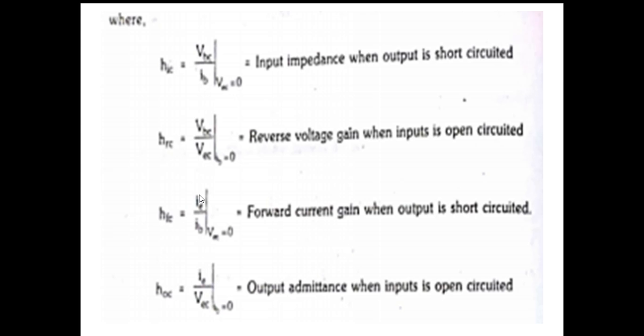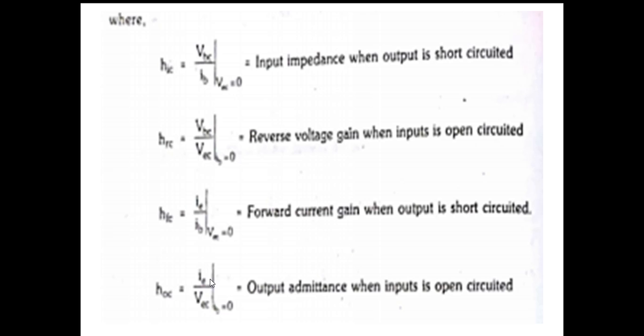HOC, next one, fourth one. HOC, output admittance, when the input is open circuited. When input is open, then input current must be 0, that is IB is equal to 0. If IB is equal to 0, HOC is equal to IO by VO, that is output current IE by output voltage VEC. Both are output current and output voltage.